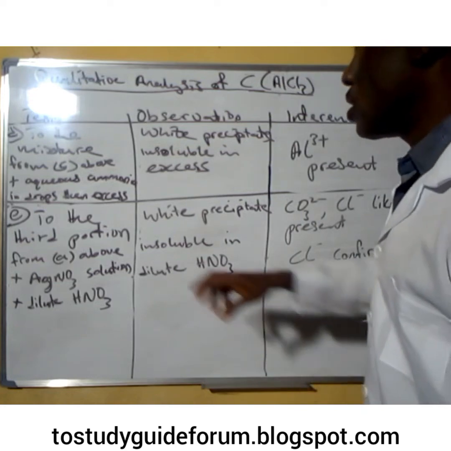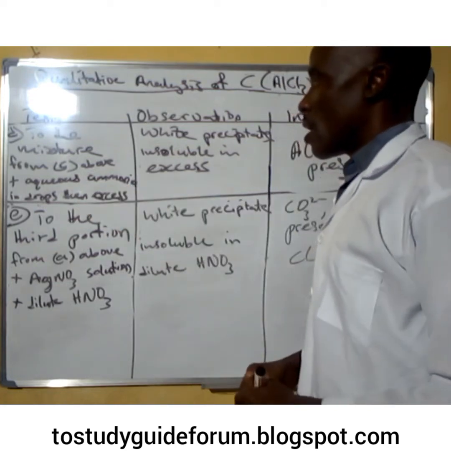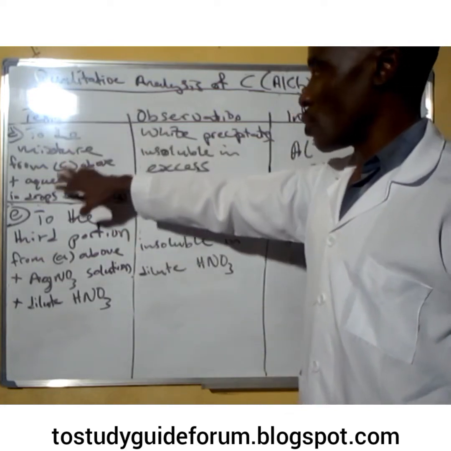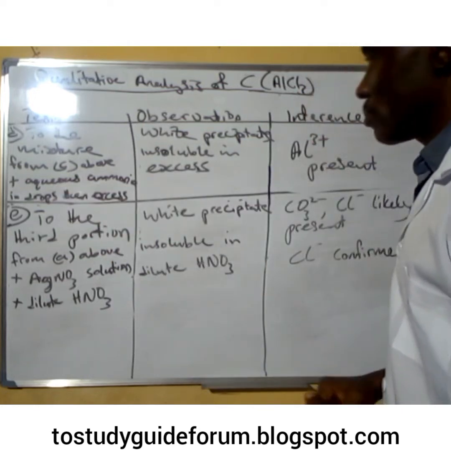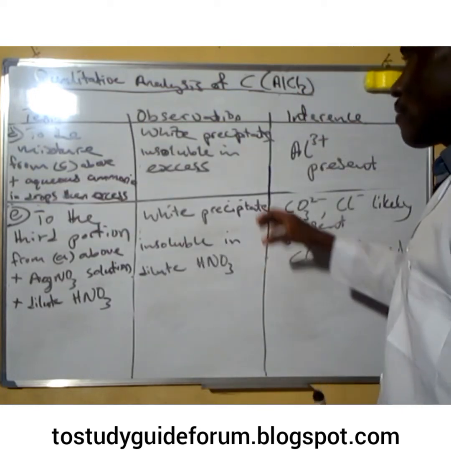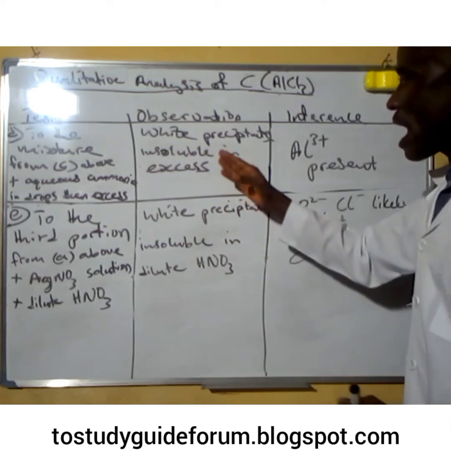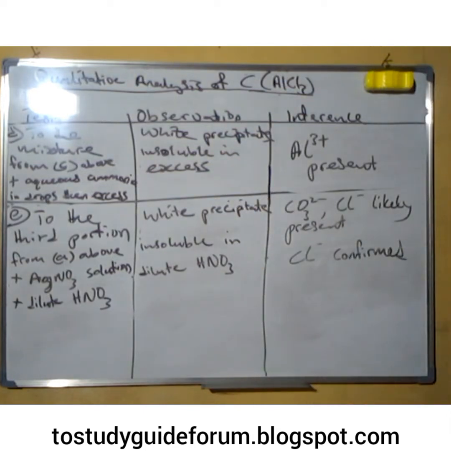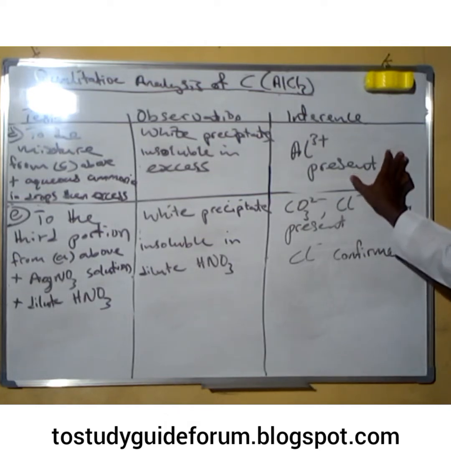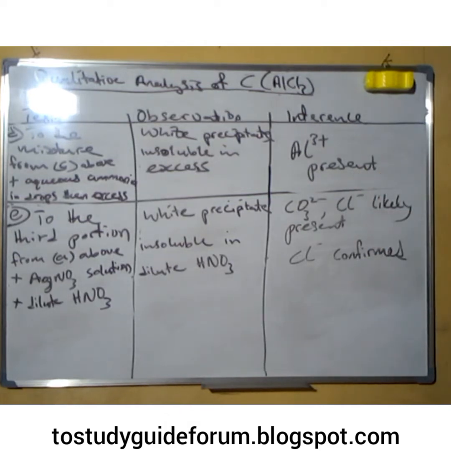The next thing we do there is to add aqueous ammonia. We add aqueous ammonia into it in drops, and then in excess, and we notice a white precipitate insoluble in excess. That confirms aluminium. That means aluminium is the ion that is present there.